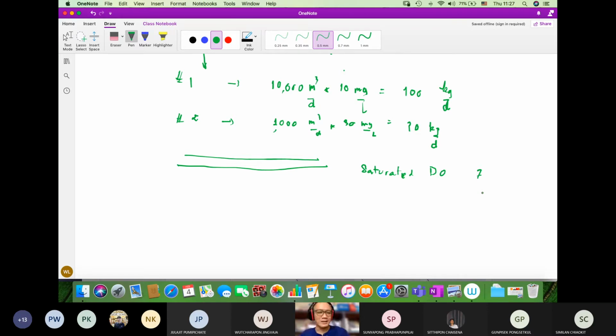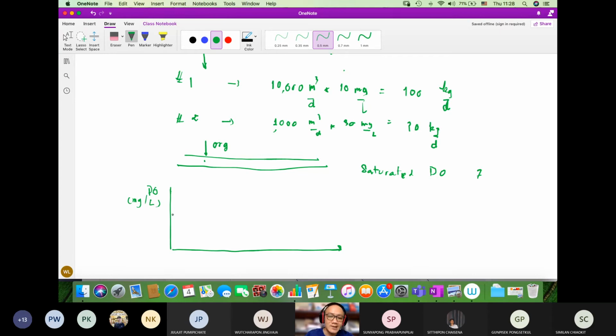So now we have learned that dissolved oxygen gets utilized if there is organic substance, or BOD, getting into the water. If I plot the concentration profile, the concentration of dissolved oxygen is normally measured in milligrams per liter.